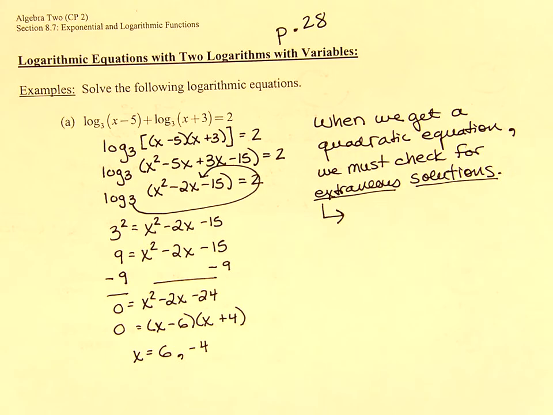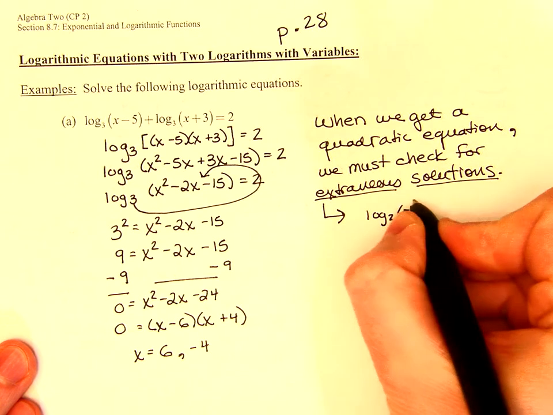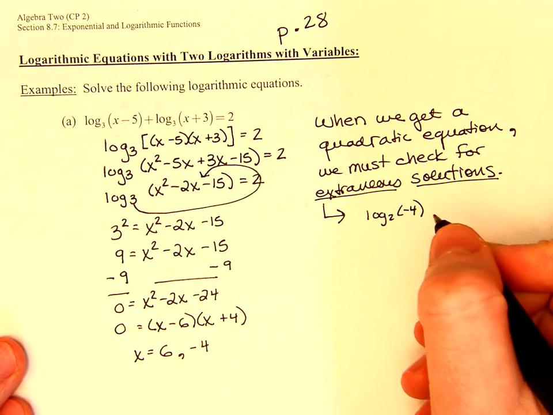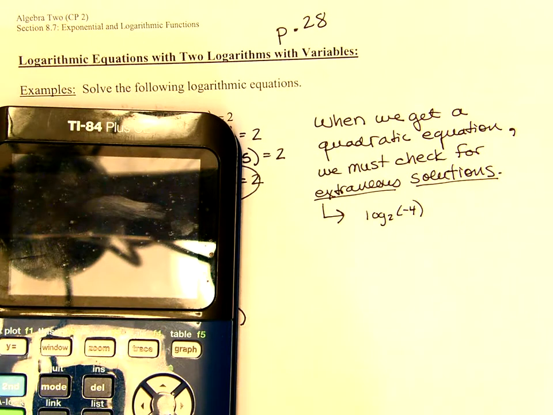Here, what we have to check is that we don't have any negative numbers inside of a logarithm. If I ask you, for example, log base 2 of negative 4, that's asking us, 2 to what power gives you negative 4?